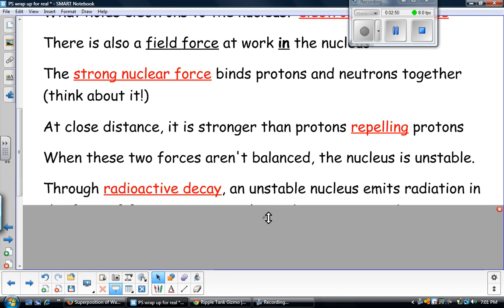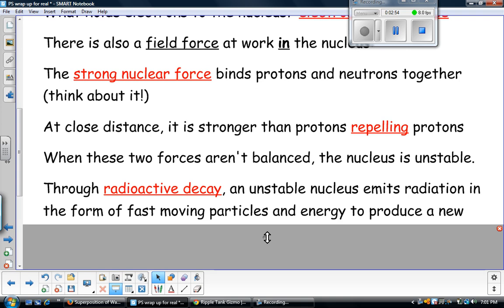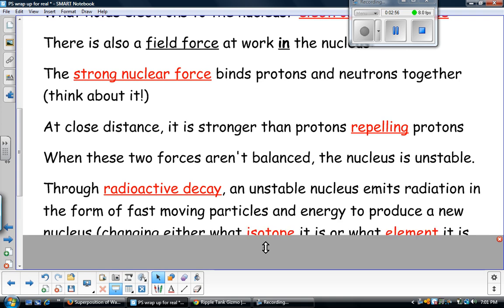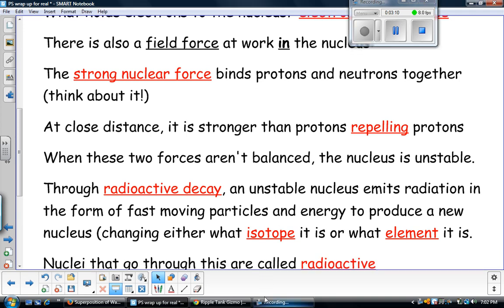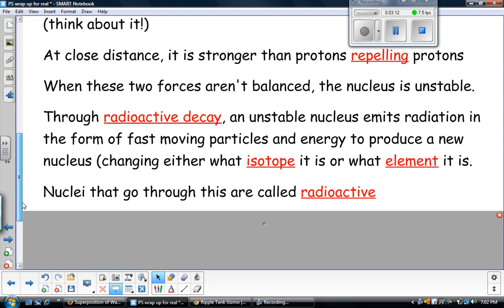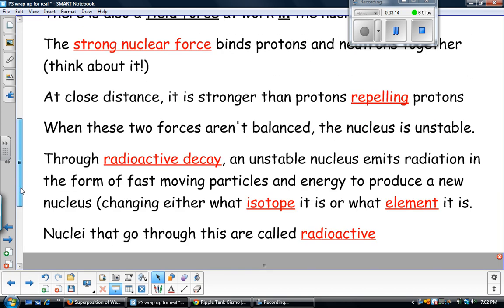Through radioactive decay, an unstable nucleus emits radiation in the form of fast-moving particles and energy to produce a new nucleus. This means it's either changing what isotope it is or what element it is. Nuclei that go through this are called radioactive. So let's review this. We have unstable nuclei.